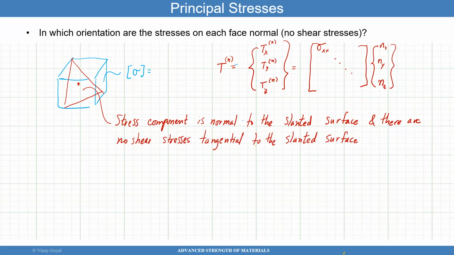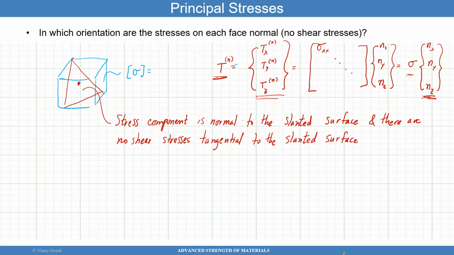What I really want is for these traction components on a slanted surface to be equal to a stress times nx, ny, and nz. That's what I really want, because if the traction is stress times a normal, then obviously that traction is aligned with this normal, right?